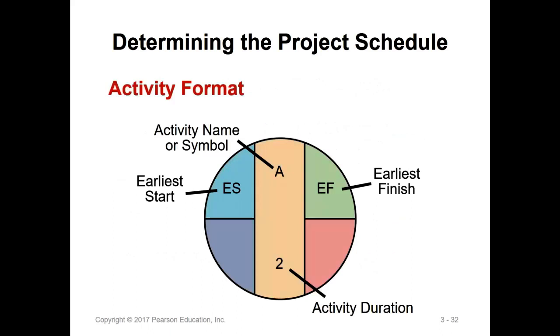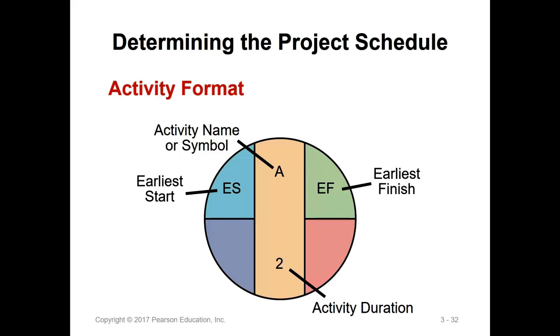And this is the activity circle. In this activity circle, there are certain numbers, like symbols. In the yellow part on the top, they give the name. On the left side, you see ES, early start. This number represents early start. And the EF is a number representing early finish. These two are blank, and actually it's not this stage yet.